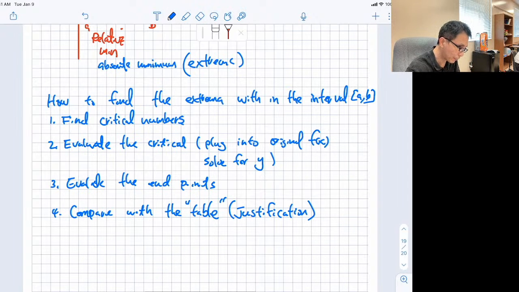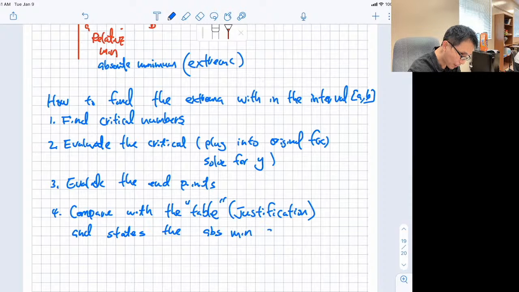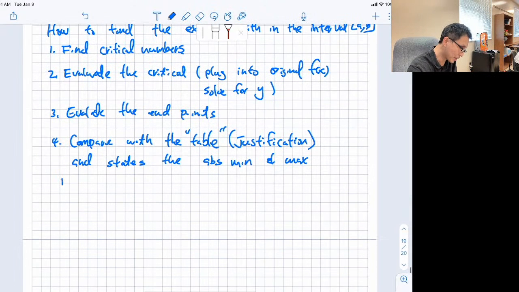So you just compare with the table and state the absolute min and max. Just state them. What is my table? A table is a t-chart.